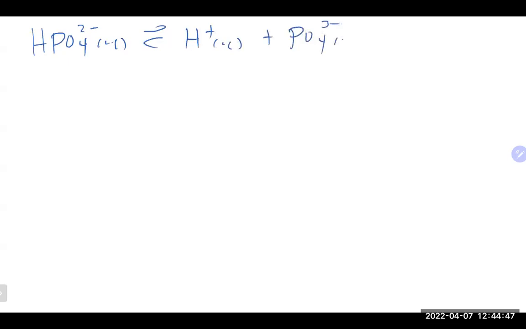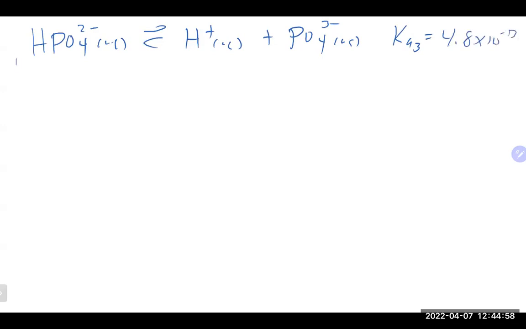On our third step, it's going to be our HPO4 2 minus, going to drop the last hydrogen here, and then get us to phosphate, which is kind of what we're looking for. And this would be our Ka3, which is 4.8 times 10 to the minus 13.